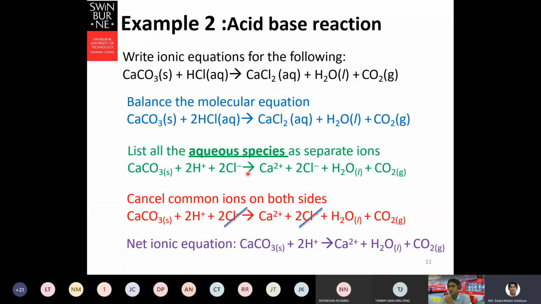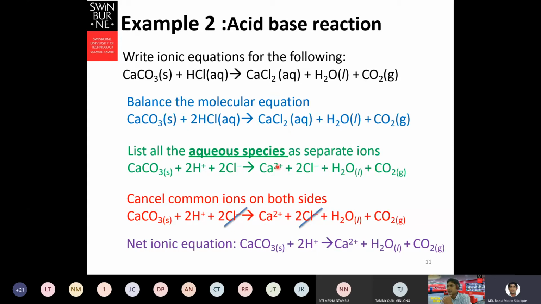Hydrogen is positively charged, chlorine is negatively charged, because this is a non-metal, right? Hydrogen is a different thing, because hydrogen is always positive. Just remember it. So here calcium chloride is in aqueous form.